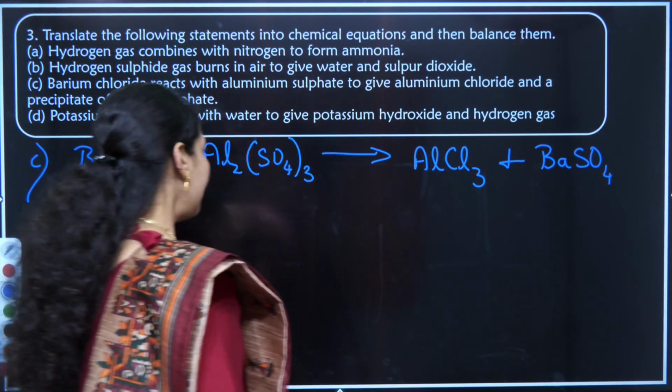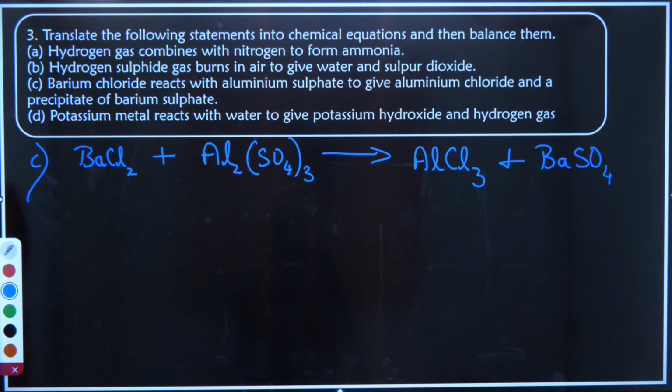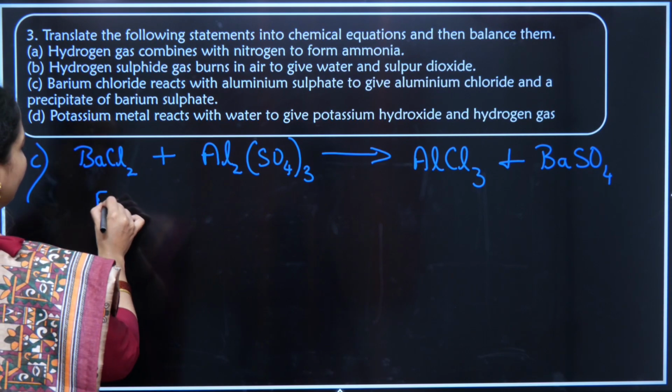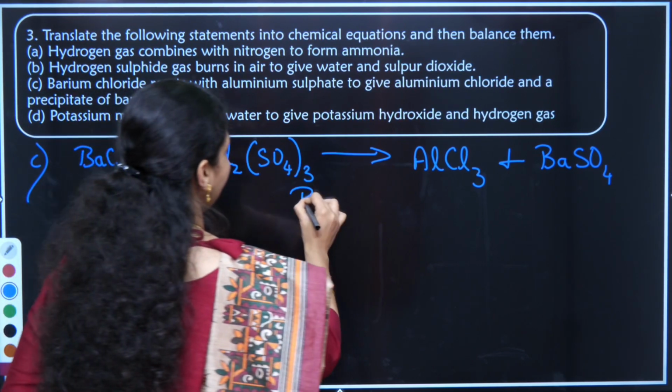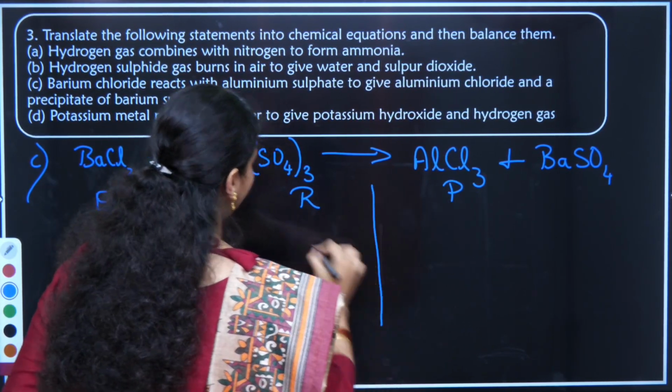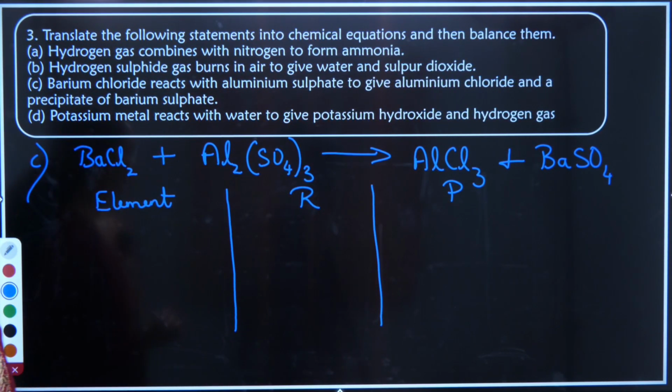So many elements are involved, so many things to judge. A very important and a very good question to add on. Therefore, let us count the elements in the reactant side and product side, making a column of 3 as usual. Element, reactant, product.